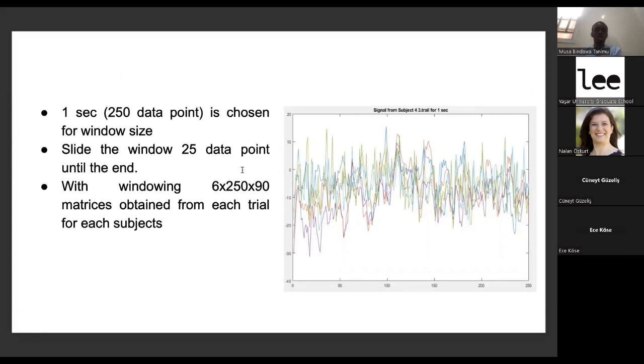We chose 1 second, which is 250 data points, for our windowing size, and we slid it over the signals at 25 data points until the end. In the end, we got 6 by 250 by 90 matrices from each trial for each subject. That is for 4 subjects, 10 trials each, we have 6 by 250 by 90 matrices. And this is just an example of the signal plotted.